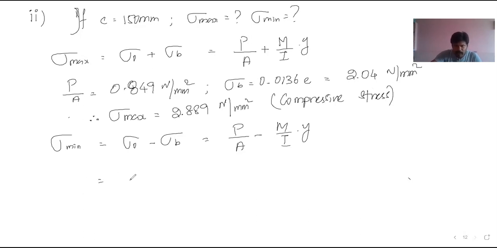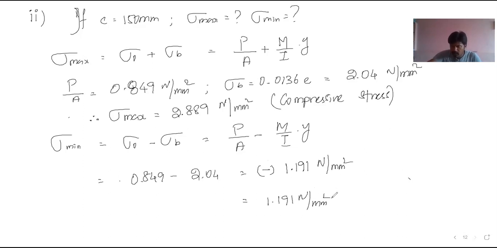Now sigma minimum, that is P by A, 0.849 minus sigma B, 2.04, becomes minus 1.191 Newton per mm square. So the minus sign denotes tensile stress. So we write 1.191 tensile stress. This is the answer.